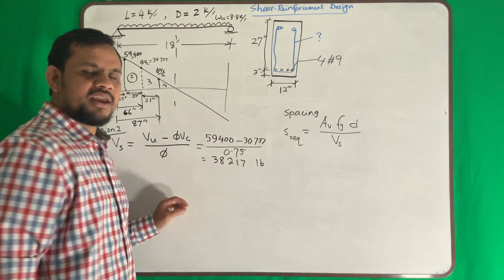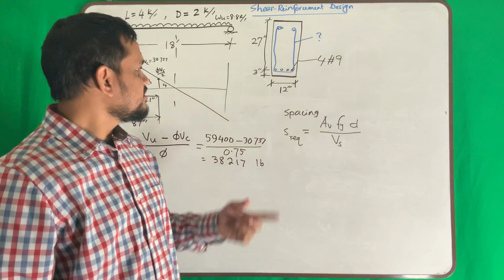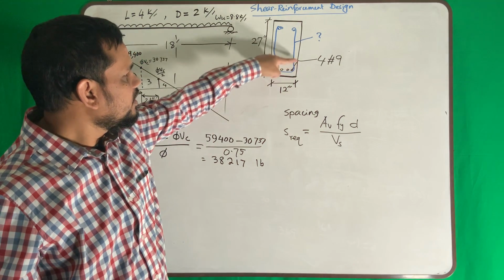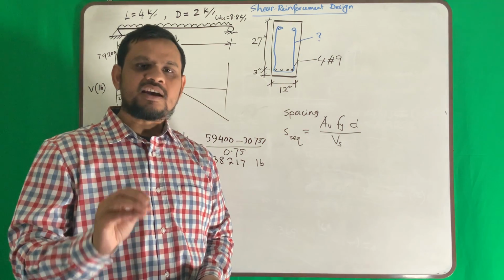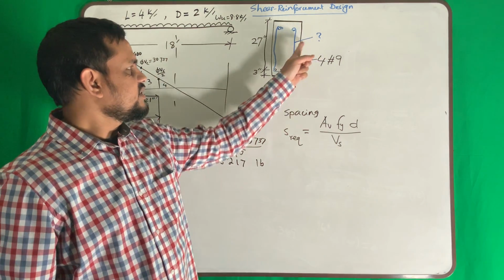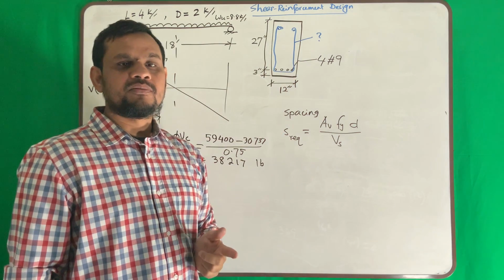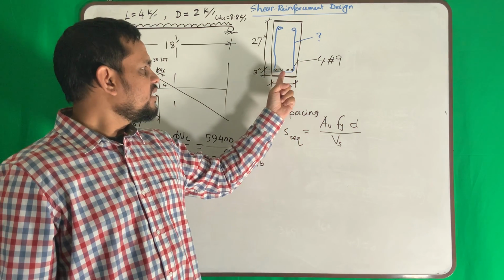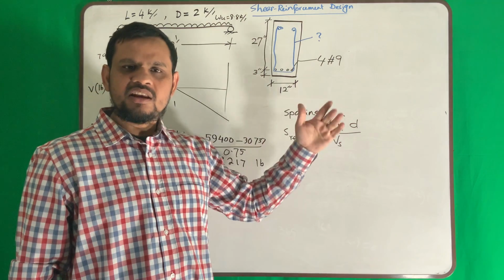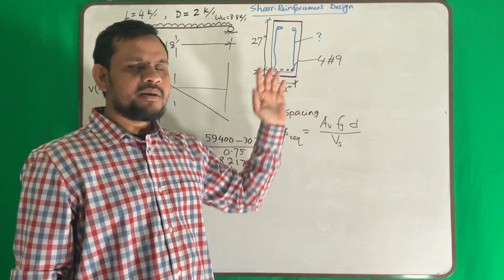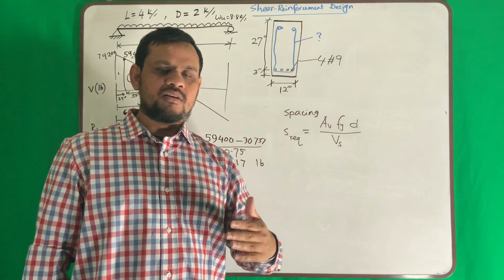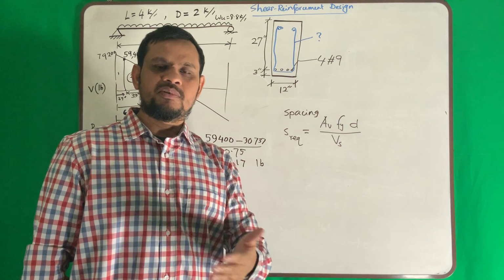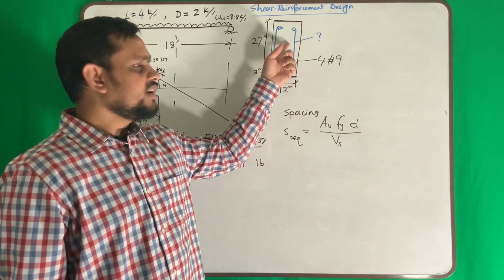What is Av? Area of shear reinforcement, area of this reinforcement. Now what is the area of this reinforcement? You have to assume a size. Now what size will you take? Number 3 or number 4? You know that if main reinforcement is number 10 or less, this should be number 3. If the main reinforcement is more than number 10, that means 11, 14, 18, then this will be number 4.